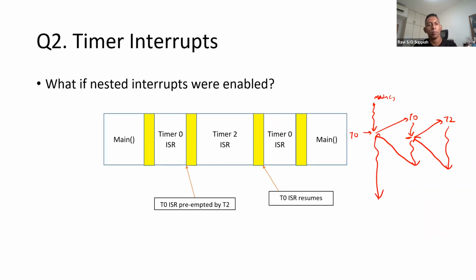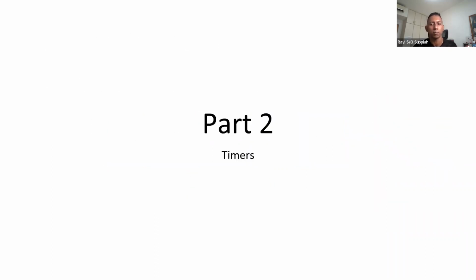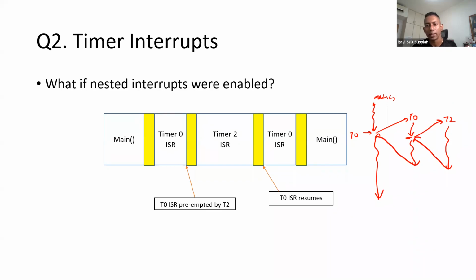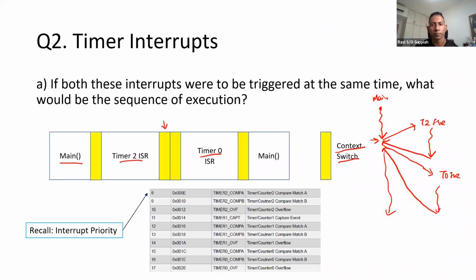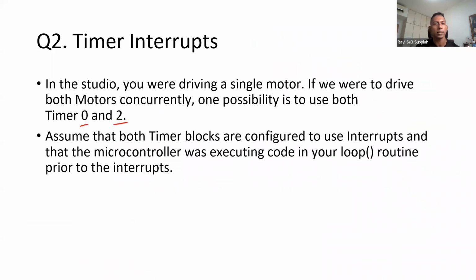Before we go on to the next part over here, let's discuss an important thing. In both these scenarios, we're talking about timer 0 and timer 2. Coming back here, the question says that you are driving, the whole idea is you want to drive the motors.